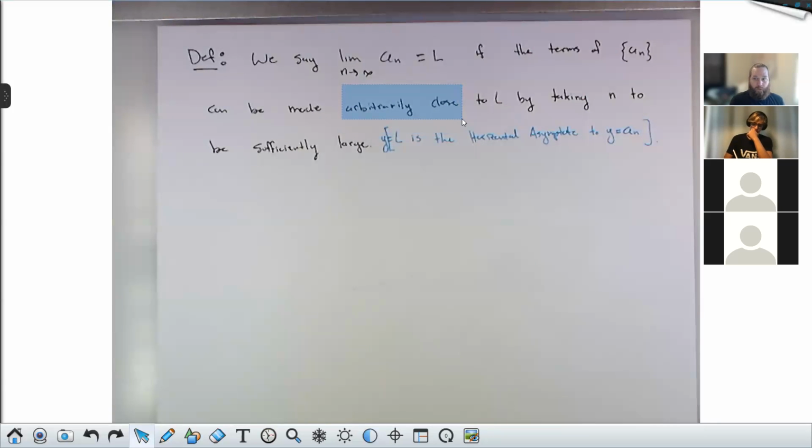mean by arbitrarily close is that if somebody specifies a closeness factor, like say, I want the terms of a_n to be within 1/10 of L, then we can find a value of n that guarantees the a_n will be within that closeness factor.